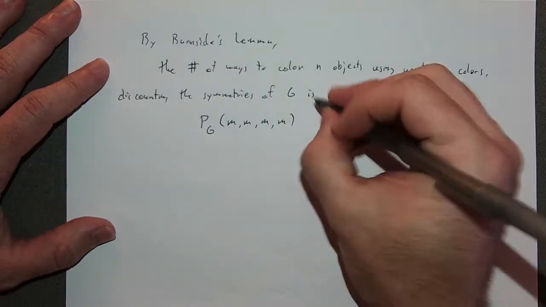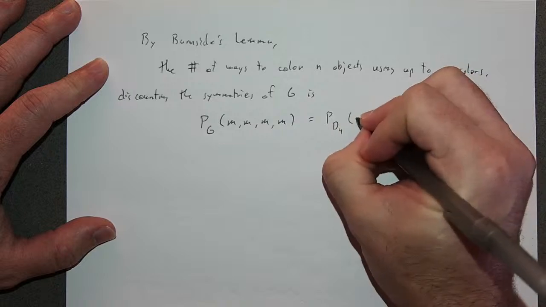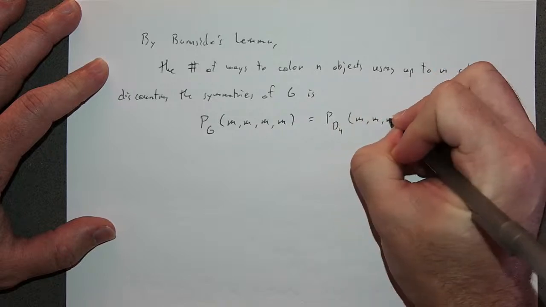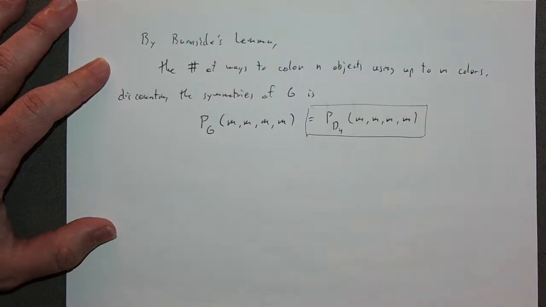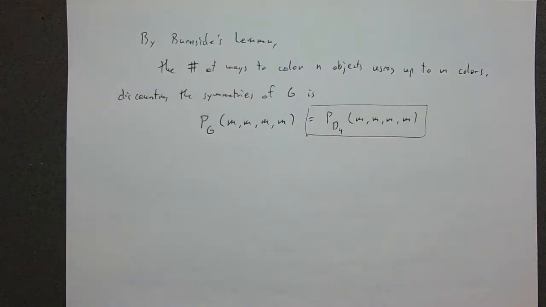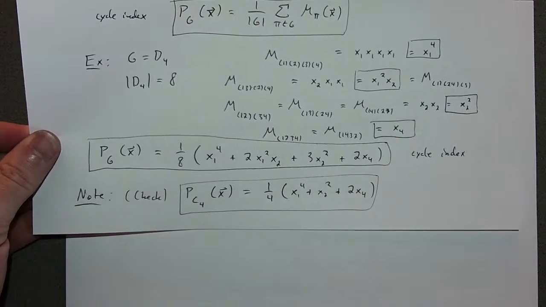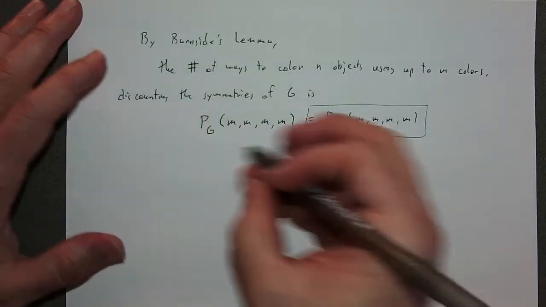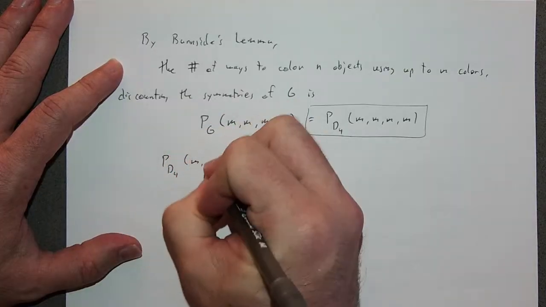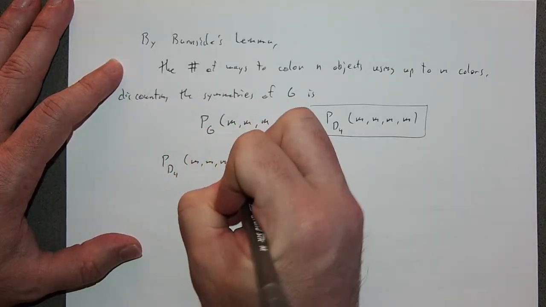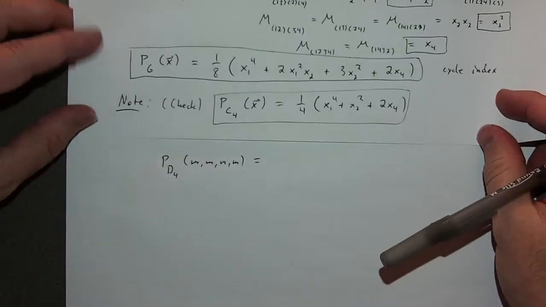So I'll rewrite it like this, the dihedral group. But let's look at this. That makes P of D sub 4 with m plugged in each variable slot gives me, here, this is what I'm looking at.